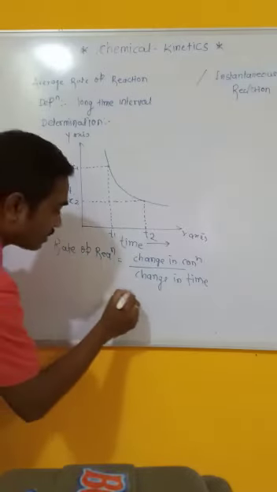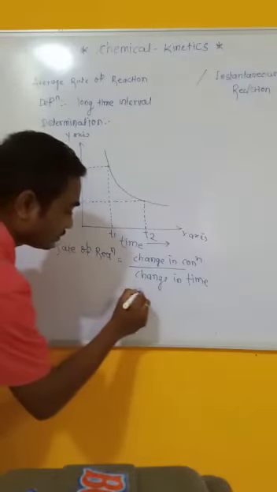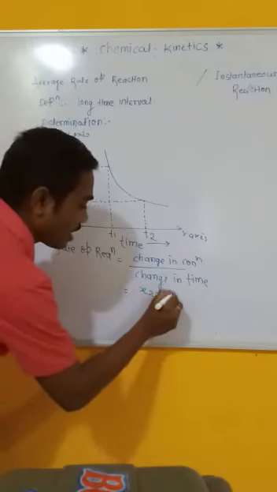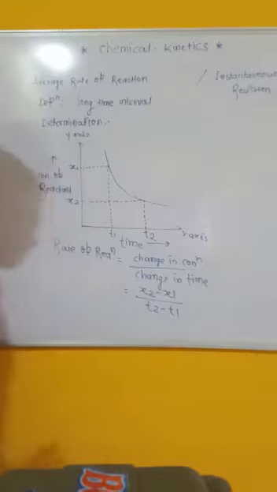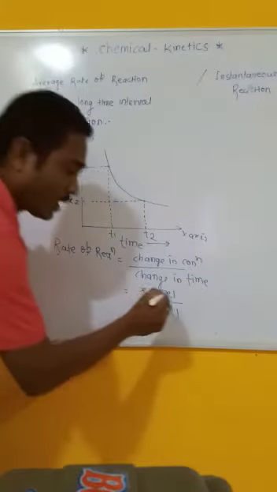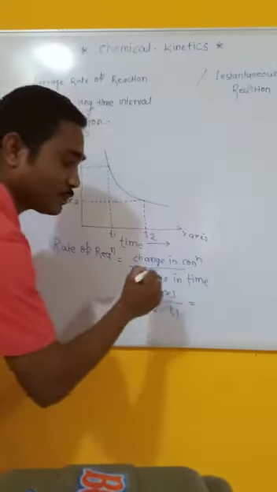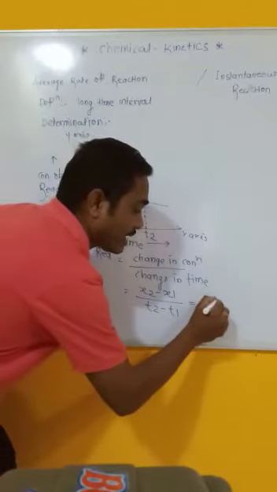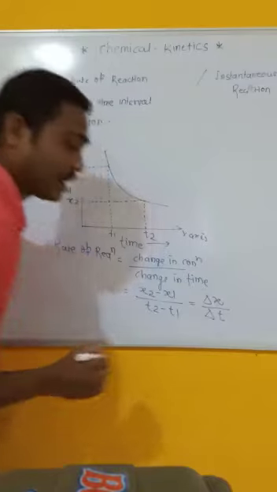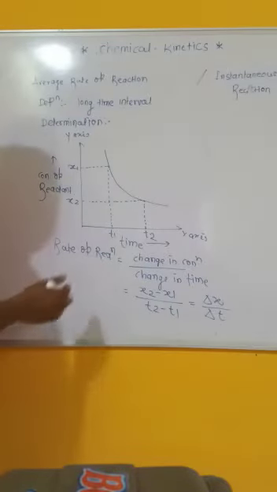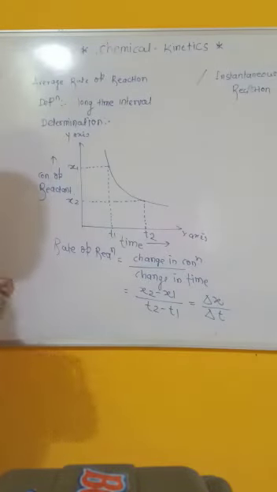Therefore, change in concentration is x2 minus x1, and change in time is t2 minus t1. It is also written as delta x, and change in time as delta t. In this way we can calculate the average rate of reaction.